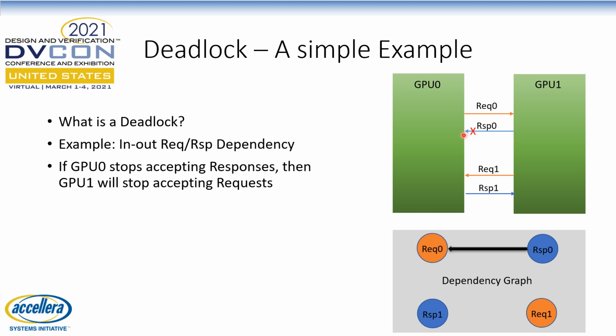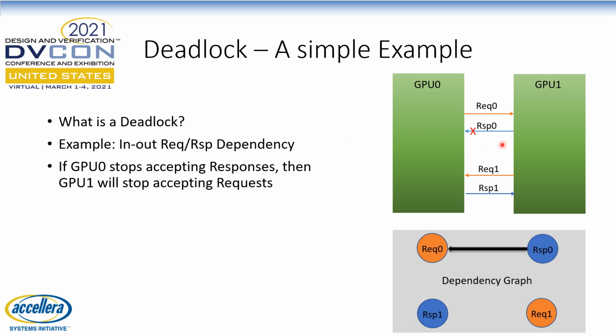Now, if GPU 0 is congested and says, I cannot accept responses from GPU 1, then eventually GPU 1's internal FIFO, which stores the responses, will get full, and it will backpressure the request interface, and it will tell GPU 0, I cannot accept any more requests from you.